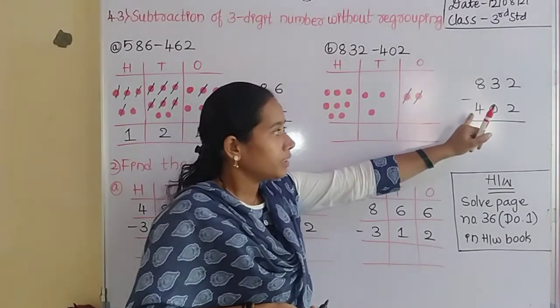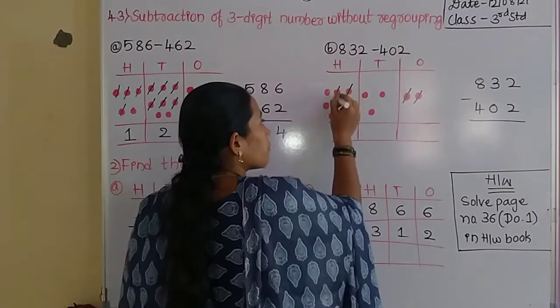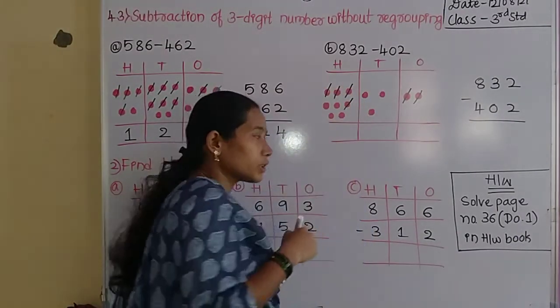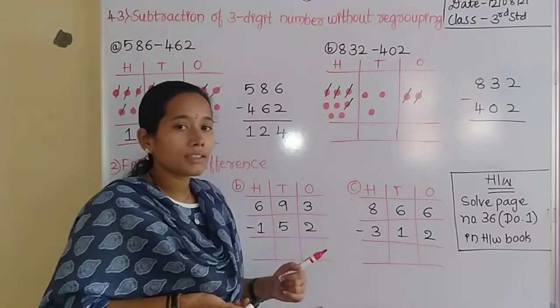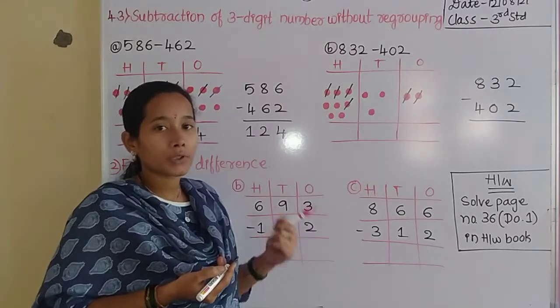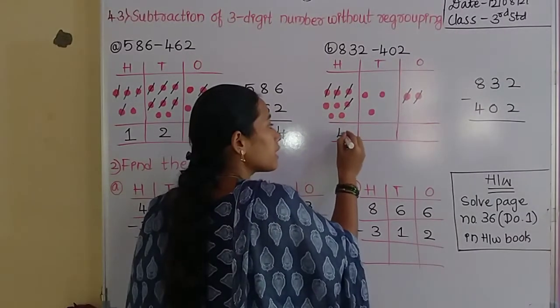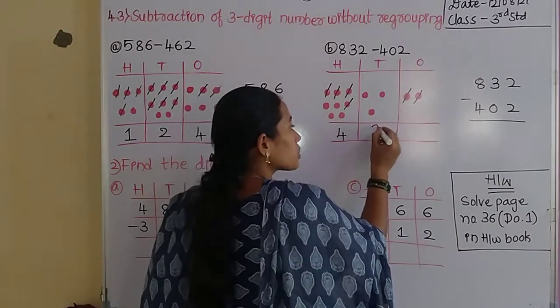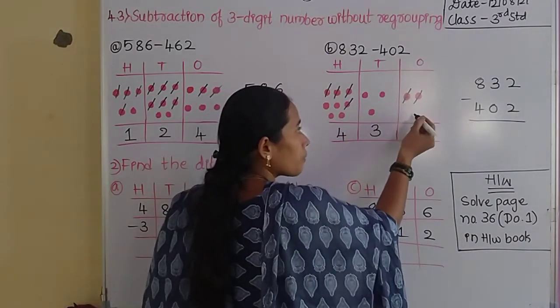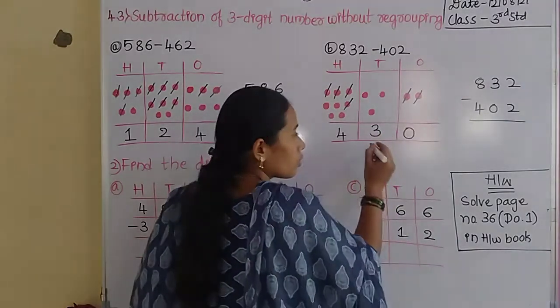Then in the hundreds position 4 is there, so out of 8 we cancel 4: 1, 2, 3, 4. The third step is we write the remaining dots with respect to their positions. In the hundreds position 4 dots are there. In the tens position 3, and in the ones position nothing remaining, so write 0.